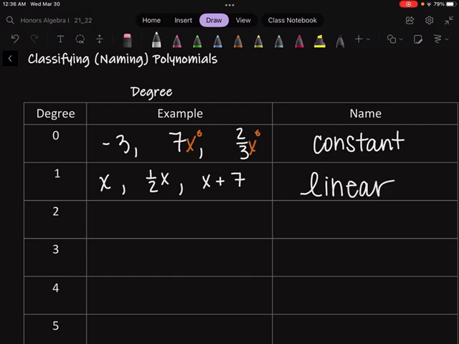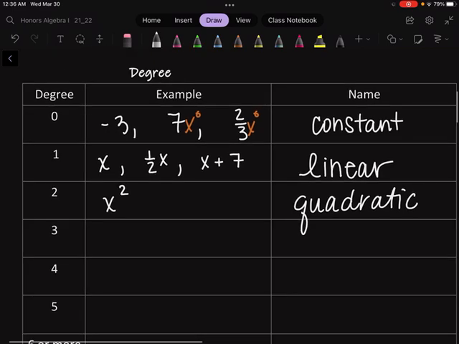Squared, so anything x squared would be quadratic. Again, this is by its degree. So we're only looking at degrees, so I could even have x squared minus 16.